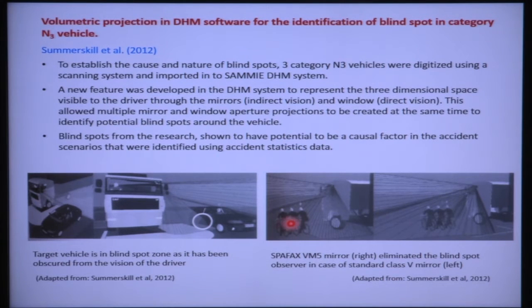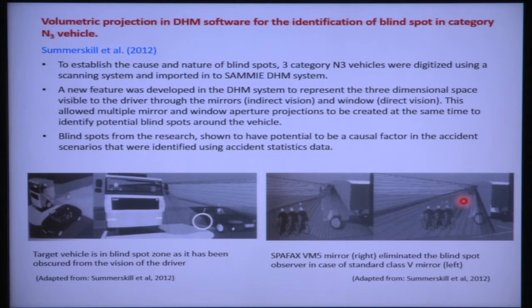But after following this analysis, they changed the mirror type and placed a different mirror called the SPFX VM5 mirror. When they positioned that particular mirror, it eliminated that blind spot zone.